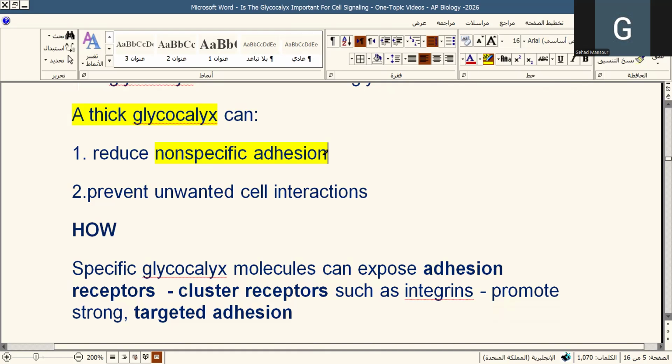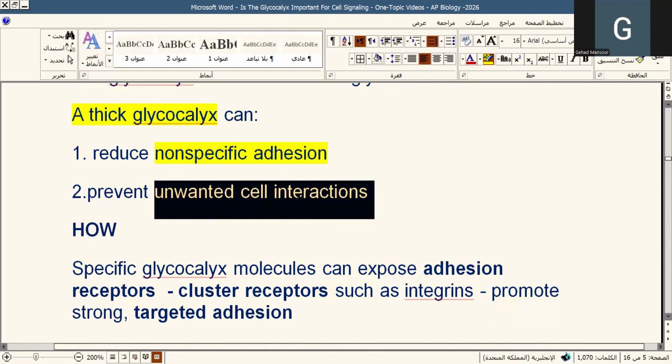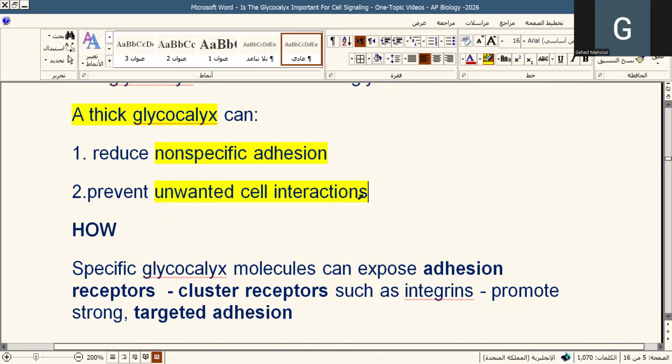And when we have a thick, well-functioning glycocalyx, this will reduce non-specific adhesion, for example, between the protein moiety and any non-specific molecule, and it will also prevent unwanted cell interactions.